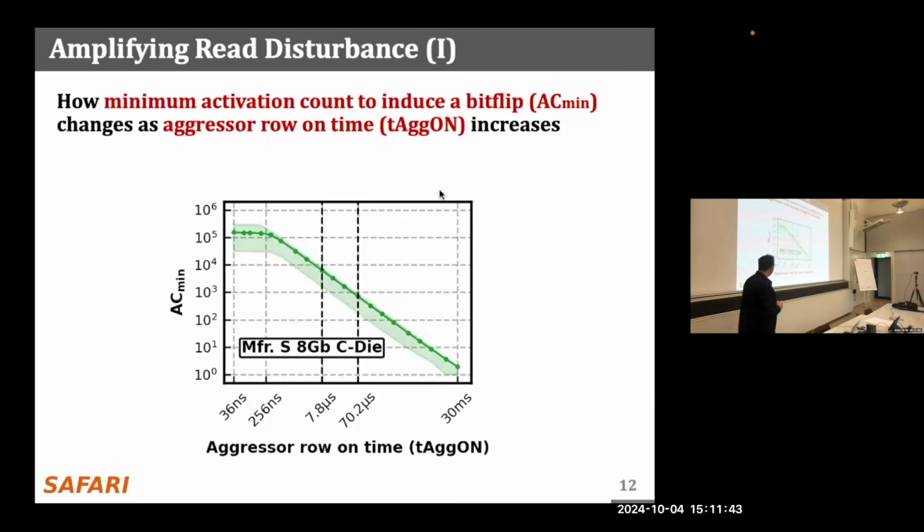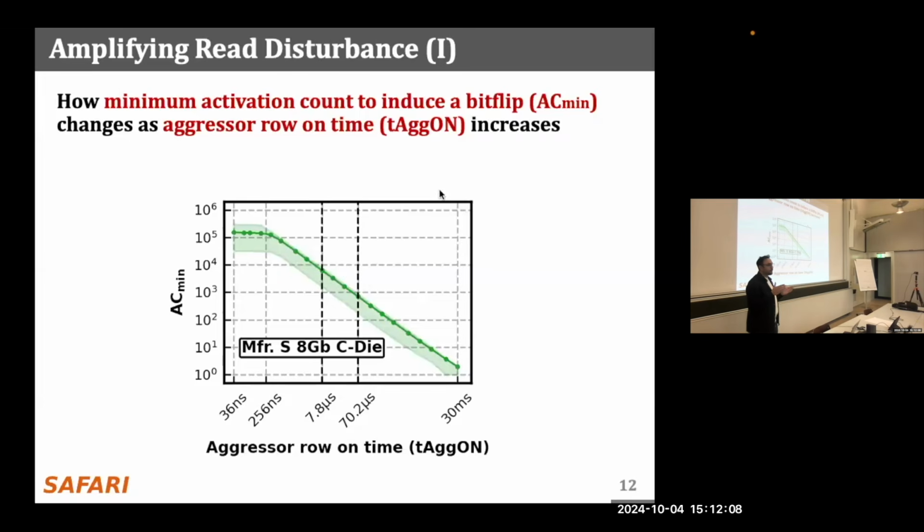It specifies how long we keep the row open after opening it, before we send the precharge command. From left to right, it increases from 36 nanoseconds to 30 milliseconds. And we marked some important points. 7.8 microseconds and 70.2 microseconds are important points because you need to send a refresh.